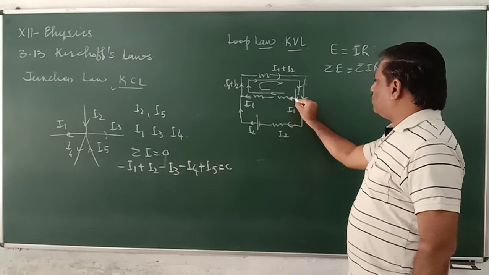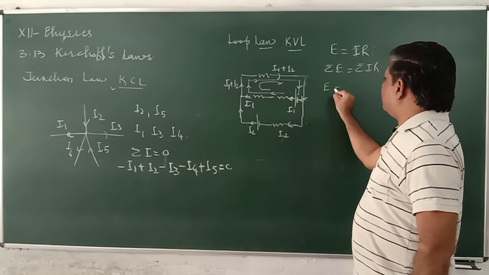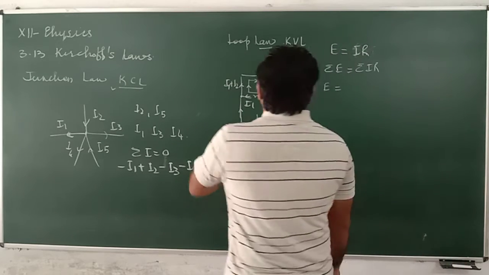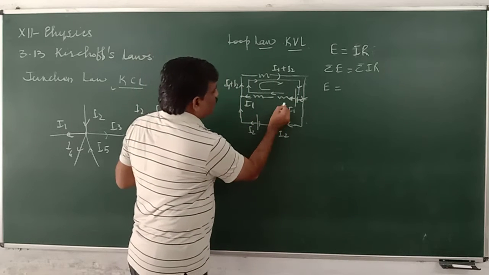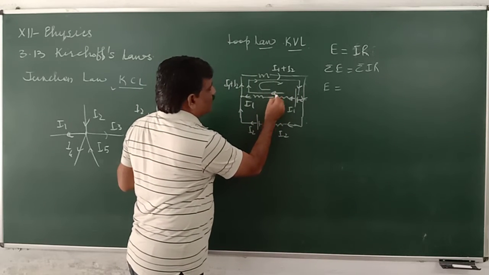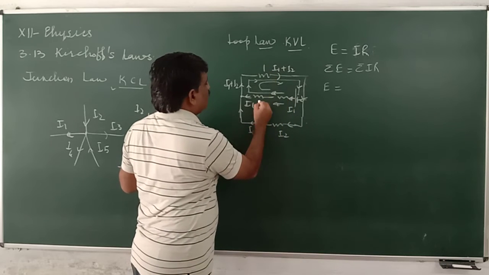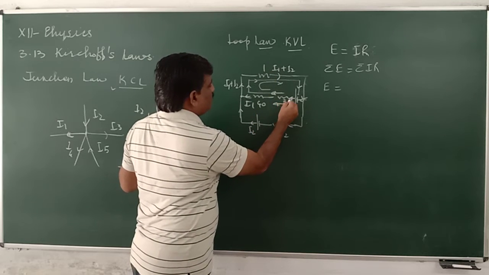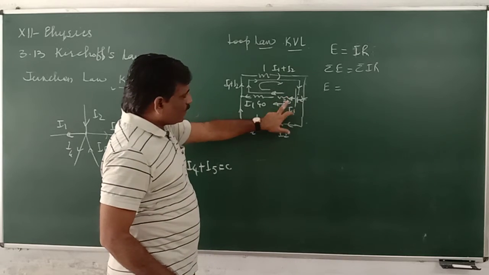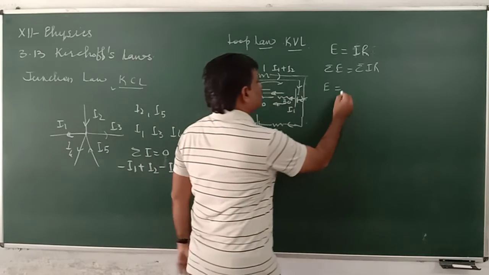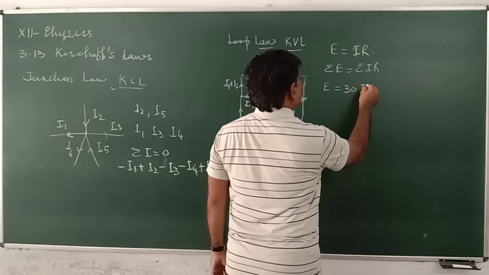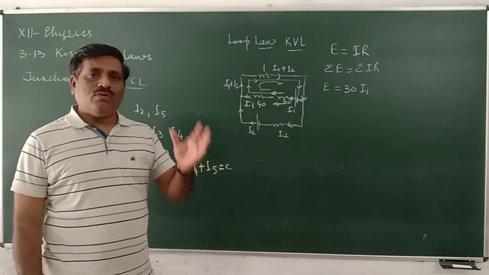So the source is positive, which is equal to the product of current and resistance. Through this one, the current is going here and the traced loop direction is the same. Suppose I am writing 1, 40, 30. The product of current and resistance here is 30 I1. Is it positive or negative?